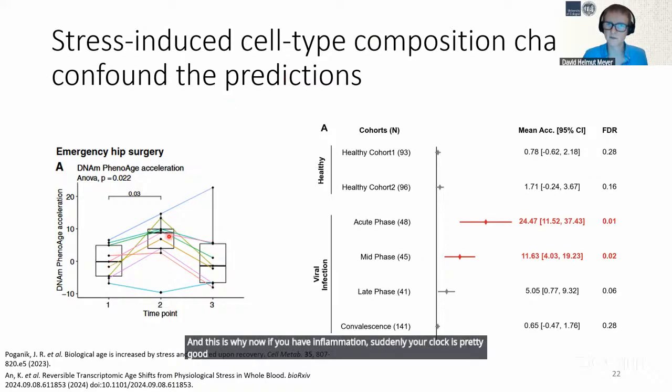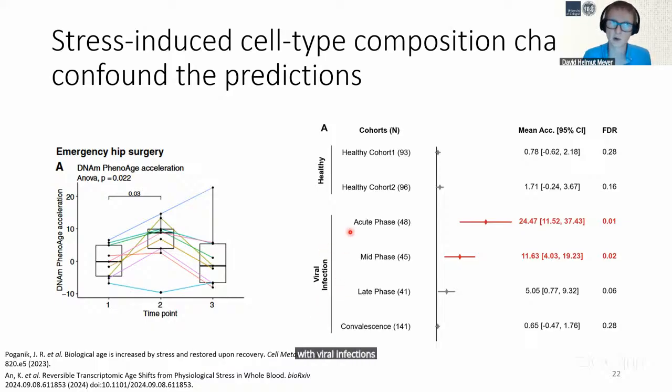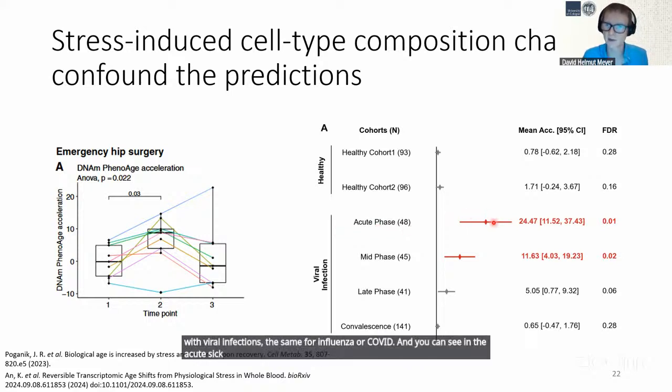This is especially also visible in acute infections. So here, for example, is a transcriptomic clock paper with viral infections. The same for influenza or COVID. And you can see in the acute sick phase, these individuals are on average 25 years older. And then this decreases again back to more or less normal levels once they are healthy again.